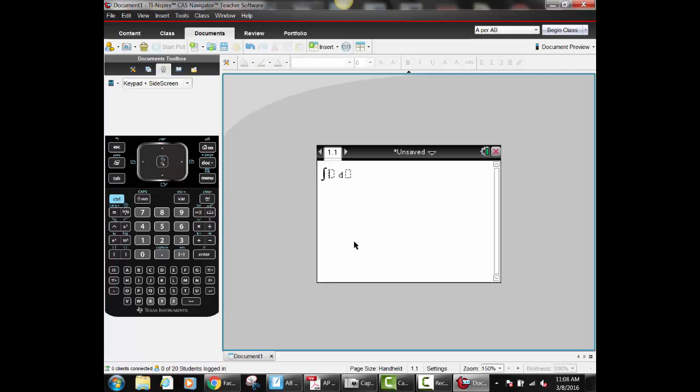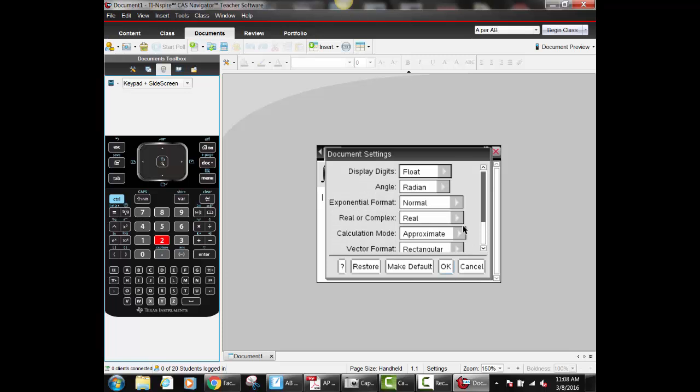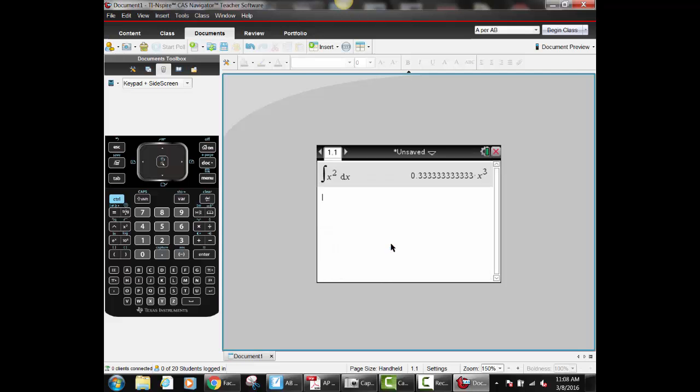For example, if you did the integral of x squared, and it'll automatically say d what, dx, you're going to get, of course, I'm not in the right mode. For some reason I'm in approximate mode. Let me put myself back into the right mode and redo that, and you'll get x cubed over 3. The one thing it does not do is give you the plus c.